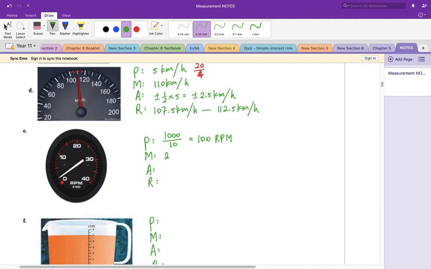But don't forget, it's 200, because of the unit, right? And the absolute error is plus or minus half times 100. So that's plus or minus 50. So the range is going to be 200 minus 50, 150, to 200 plus 50, 250.